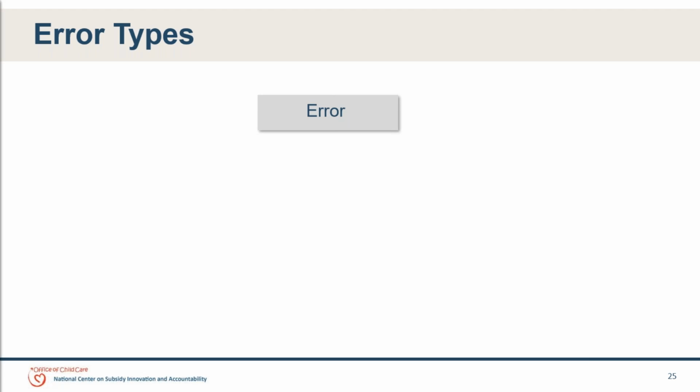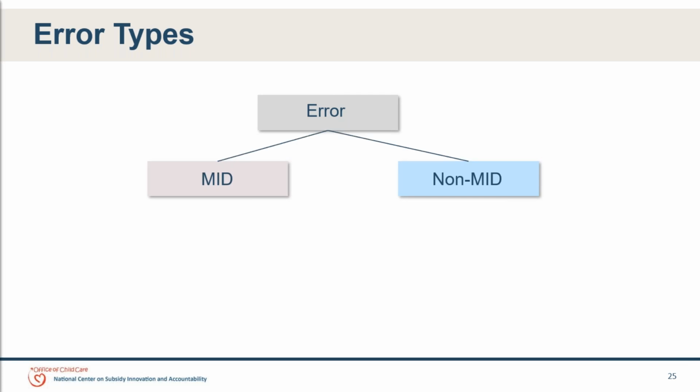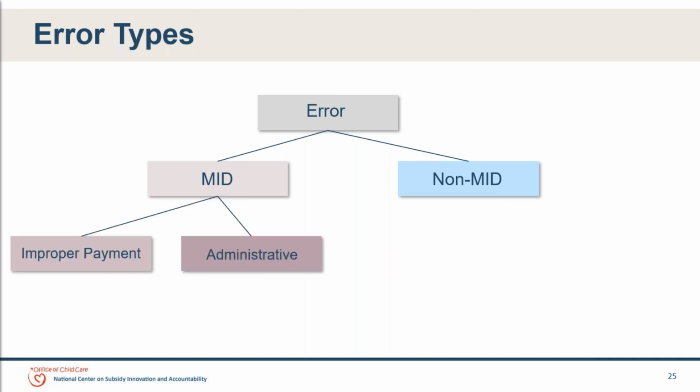When a case file has an eligibility error, it falls into one of two categories. There are those errors caused by missing documentation or insufficient documentation. And then there are the non-mid errors: income miscalculations, applying the wrong copay, things like that. Then the mid errors can be broken down further into two types. There are those that cause improper payments and those that do not cause improper payments.